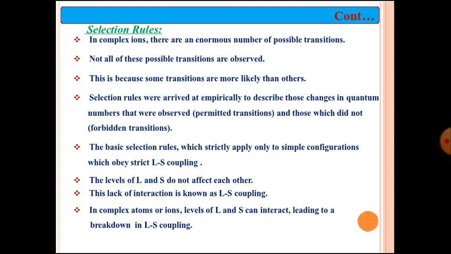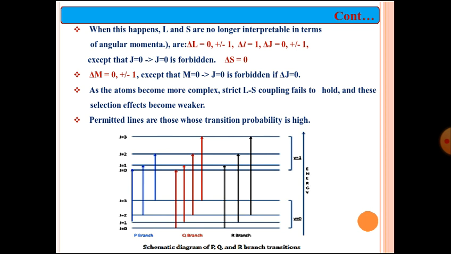In complex atoms or ions, L and S can interact, leading to a breakdown in LS coupling. When this happens, L and S are no longer interpretable in terms of angular momenta.